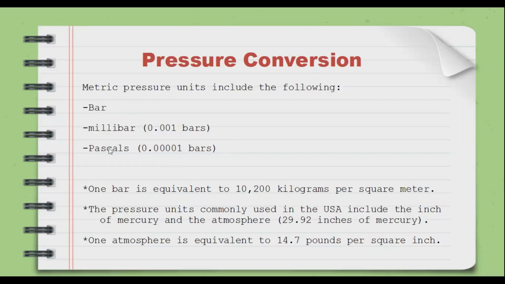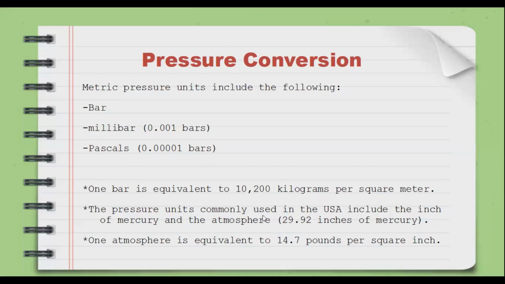So in millibar, you have to move 3 decimal places from the decimal place right after 1, moving 1, 2, 3 decimal places to get the corresponding value of bars. The same goes for pascals to bars. 1 bar is equivalent to 10,200 kilograms per square meter.